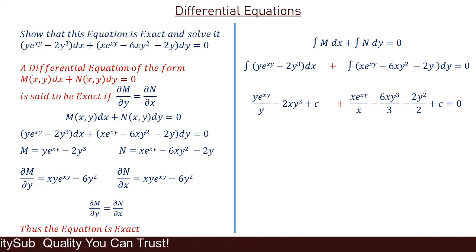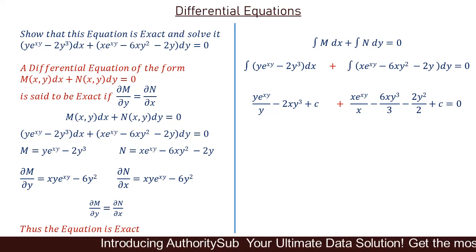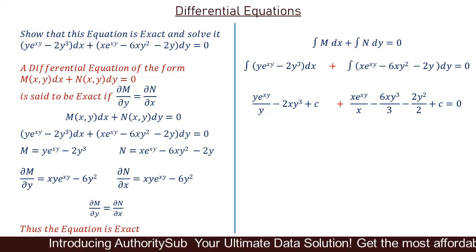The other part, when we integrate x e^(xy) with respect to y, we have x e^(xy) all over x. Minus, when we integrate 6xy^2 with respect to y, we have 6xy^3 all over 3. Then minus, when we integrate 2y with respect to y, we have 2y^2 all over 2. Then we have plus c equal to 0.